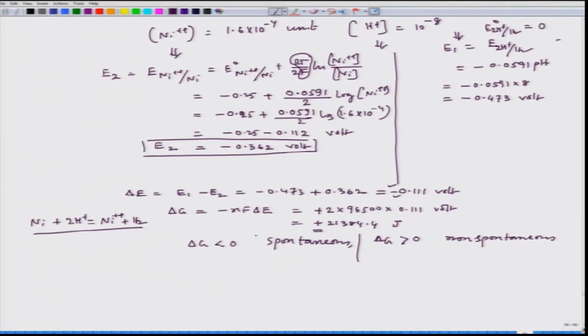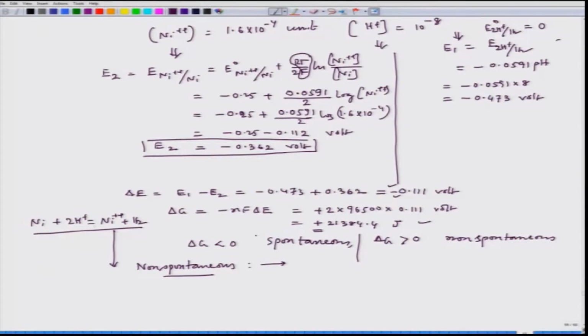And here we are getting del G positive. So, this particular process becomes definitely non-spontaneous, which means the assumption we had that the nickel would corrode does not hold true.